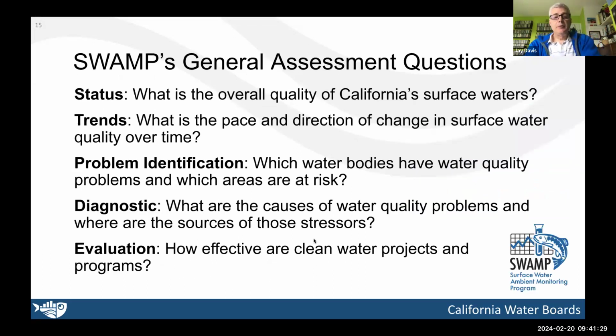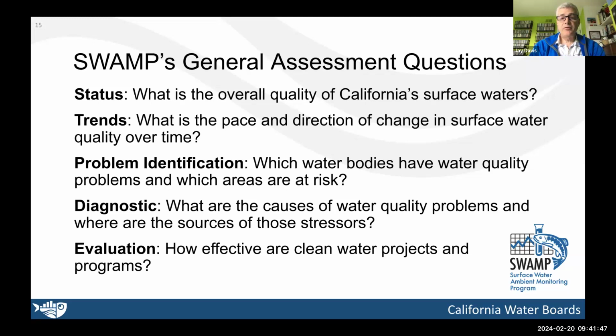As an example, I'll go through some of the questions that SWAMP is trying to answer, and there's a set of general questions, which are the questions that big monitoring programs tend to answer.